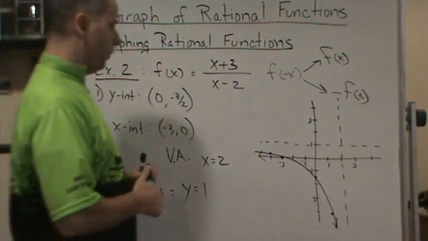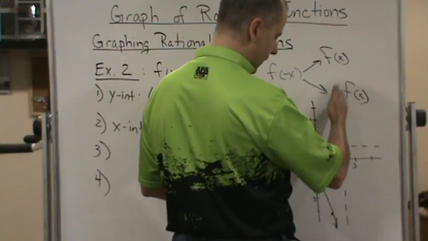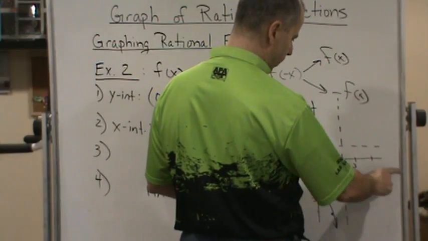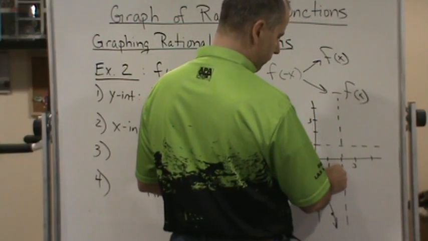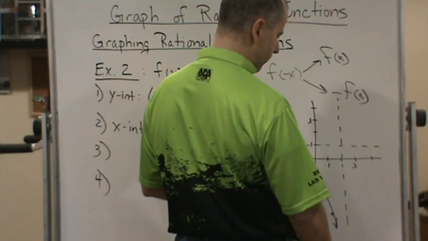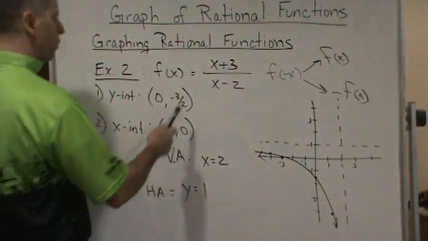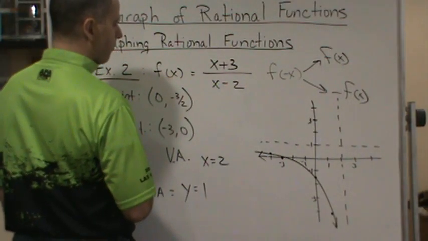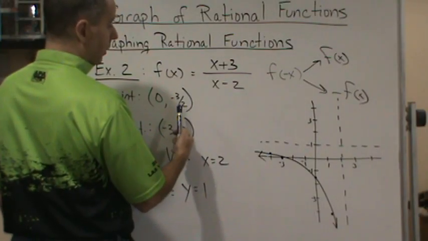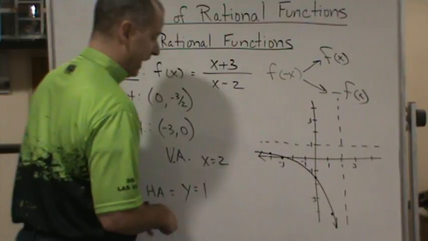So now we've got to do the other side, which is on the other side of this vertical asymptote. So now we want to test a point from 2 to positive infinity. So let's do 3. What's going on at 3? If we stick 3 in here, we're going to get a positive number, because we get 6 over 1, which is 6.